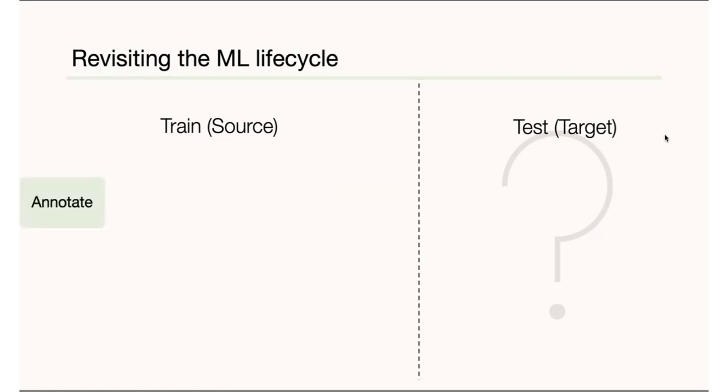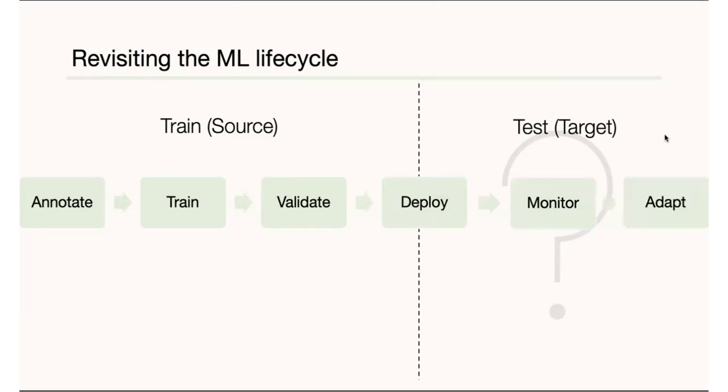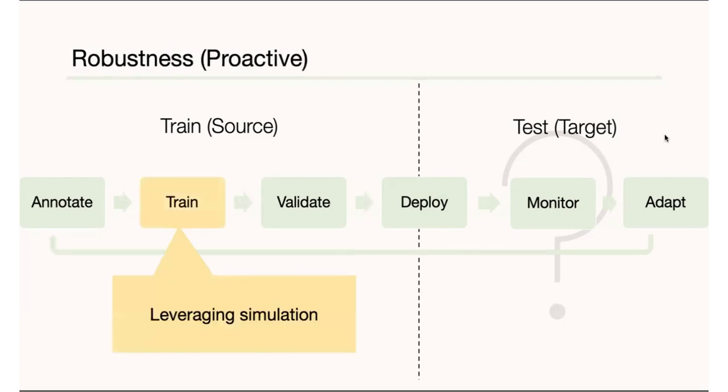So of course, you start off by annotating some data, you train a model, you validate it on some held out data, and you deploy this model. And then you monitor its performance. And if you find that it's not working in certain cases, you might need to adapt and update this model, perhaps by collecting more data, right? So it's a cycle that we're all familiar with.